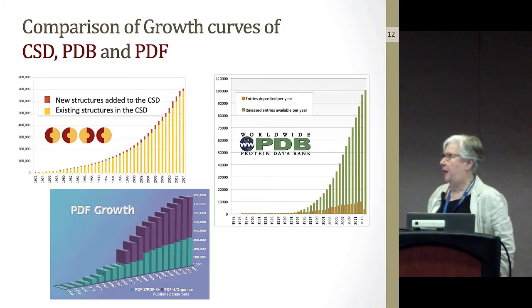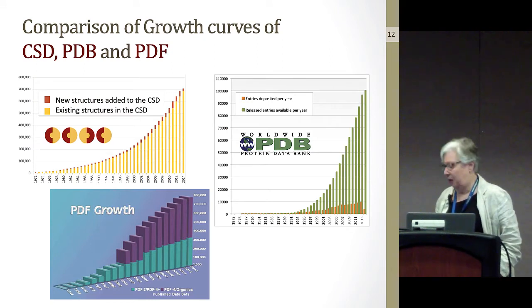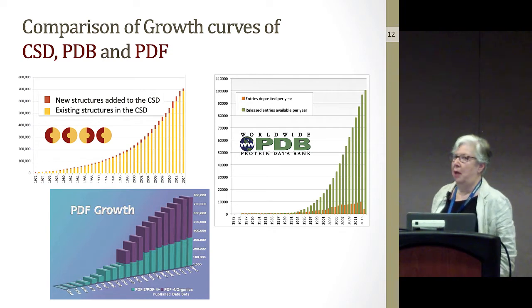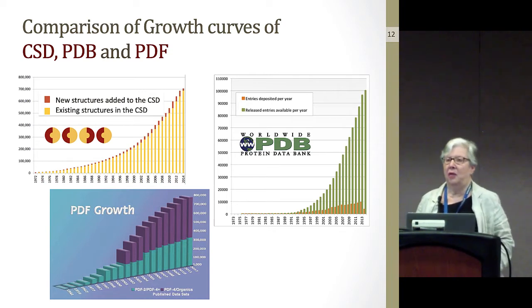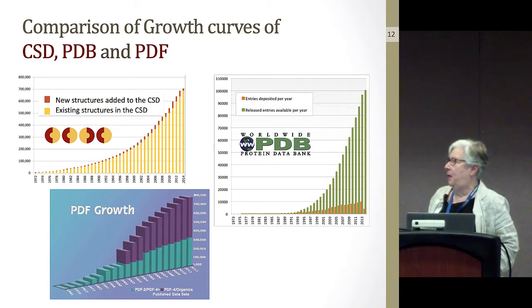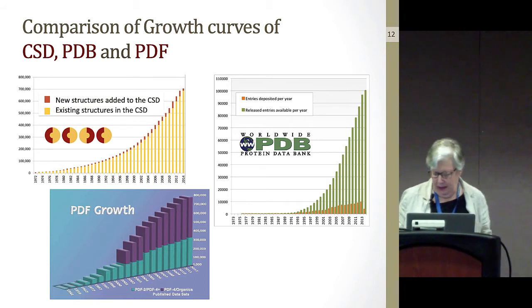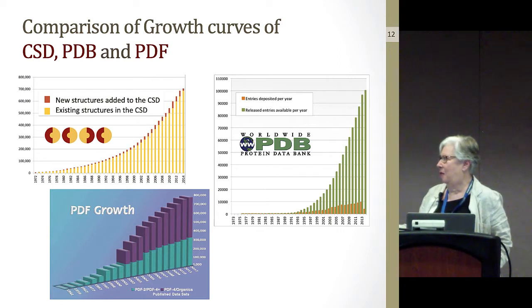So it's useful, I think, to look at the growth curves of the three data centers, and they show a healthy growth, although not as dramatic as it was at the very beginning. For the PDB, I can speak for a little bit more in the sense that we do have an equation that was derived by Dick Dickerson in 1978, when there were not very many structures, that predicted this exact growth curve.